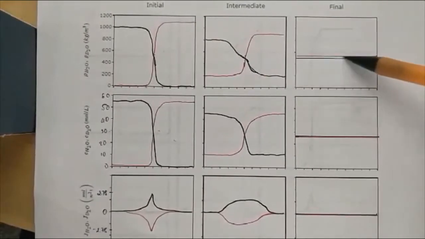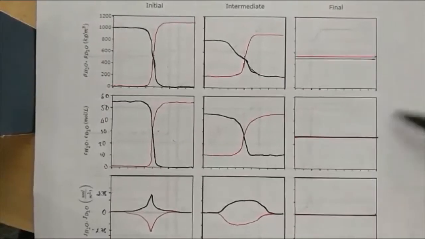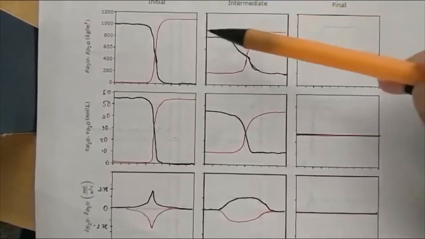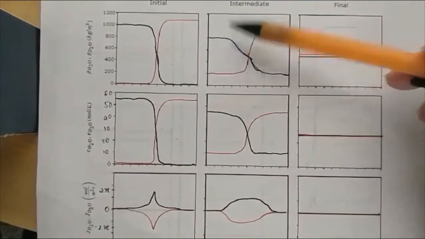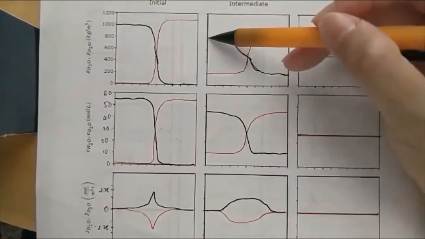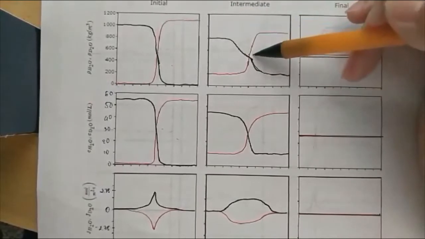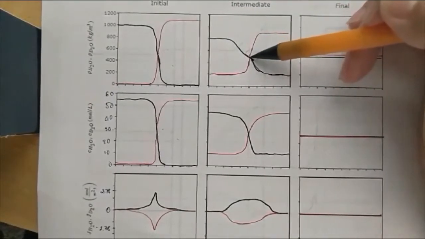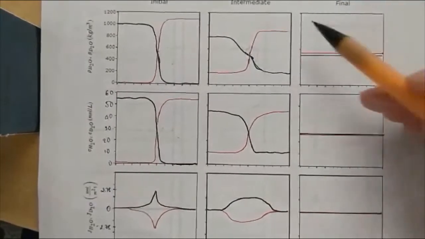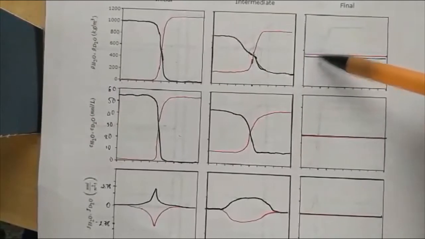So it's a straight, horizontal line, and in the intermediate of the process, the concentration is reduced. However, the concentration in the middle is still similar to the final one.